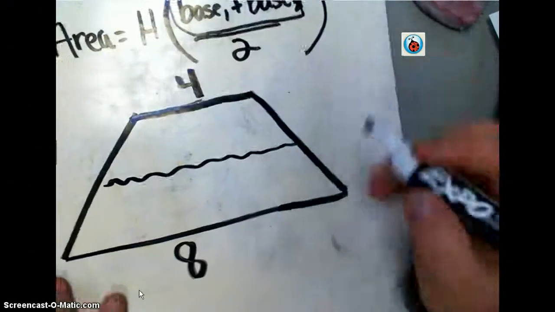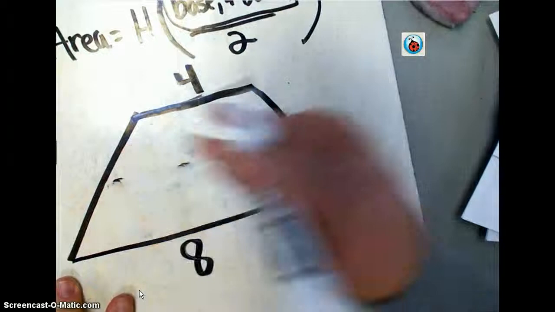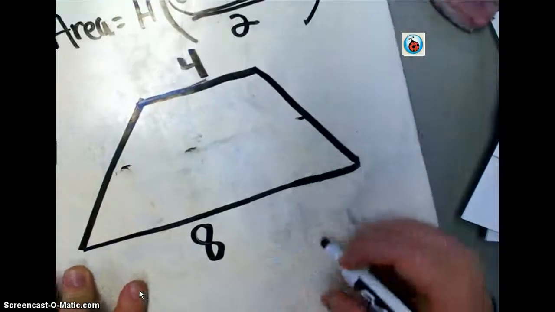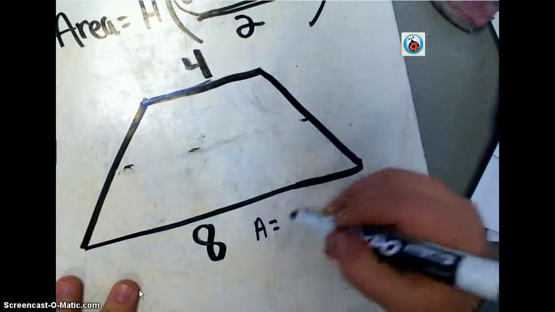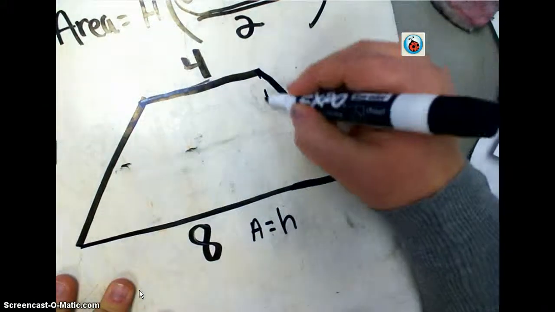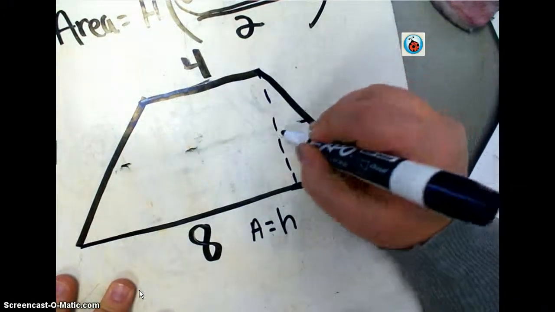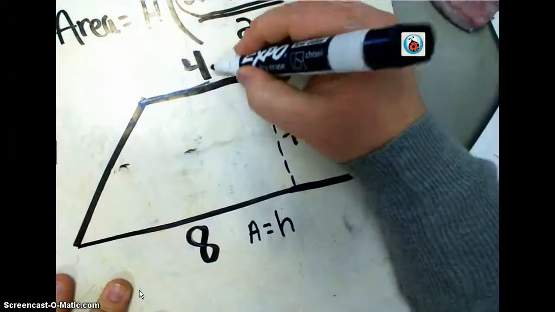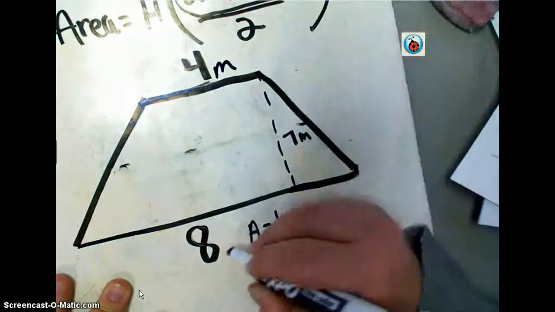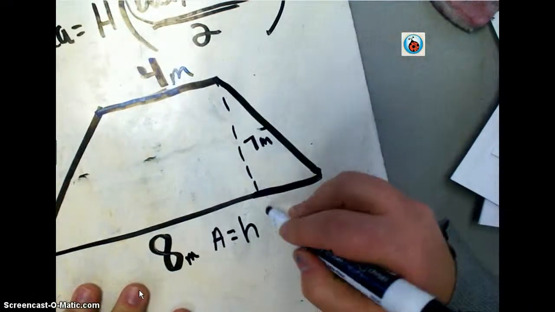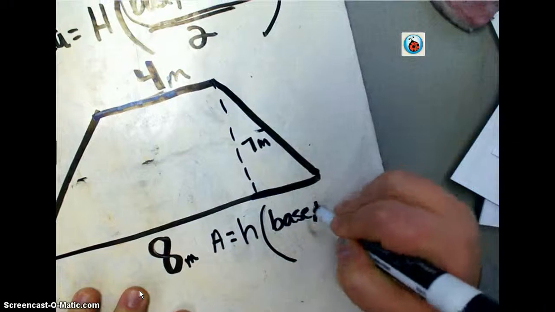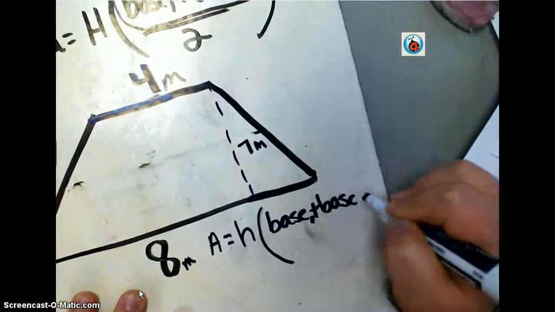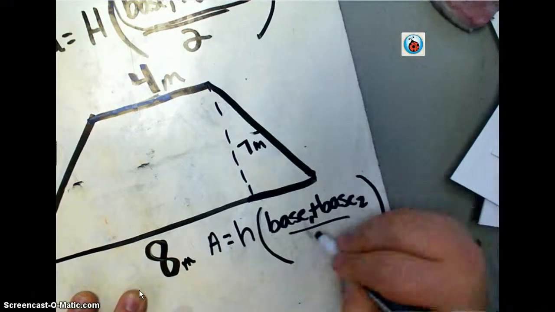Okay? So, when I think about this formula, I'm going to rewrite it down here, area, I'm just going to use A, equals the height, and we'll say our height is 7. We'll say all of these are meters. Okay? My height times my base 1 plus base 2 divided by 2.